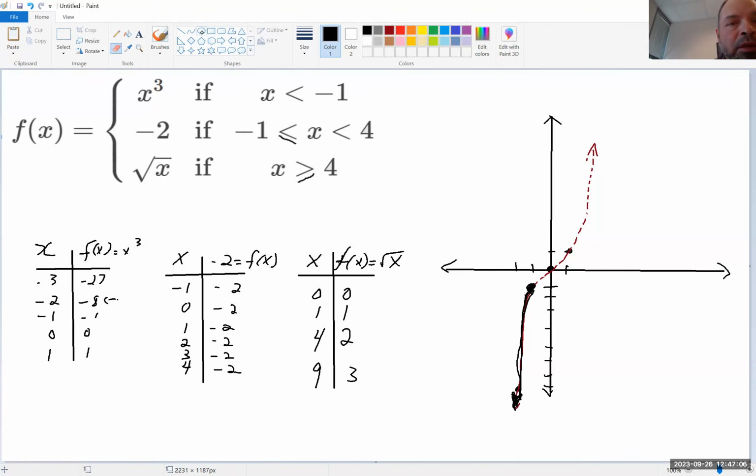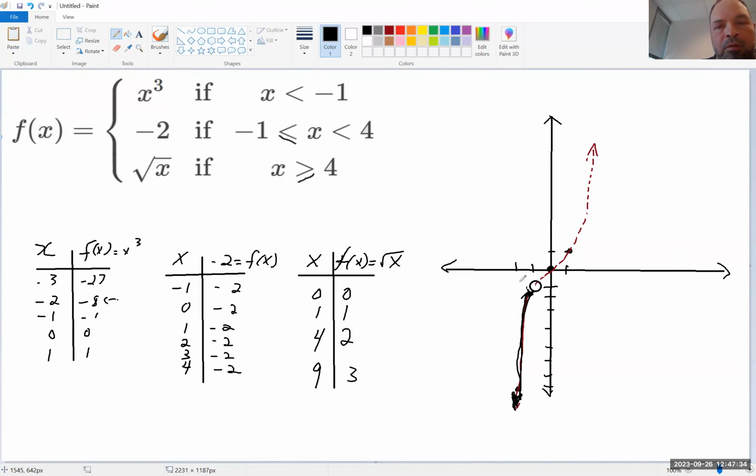And then the other thing that's really important for me to note is that this actually should be an open circle, and I should try to make it where it goes, which is here. Okay, so that's kind of the best that I can do there.